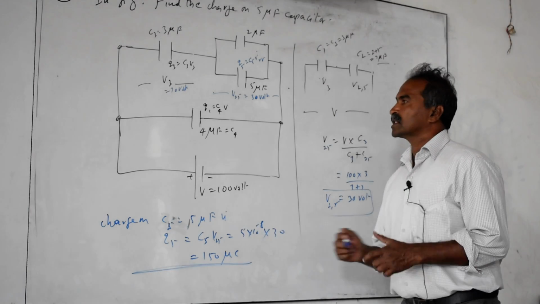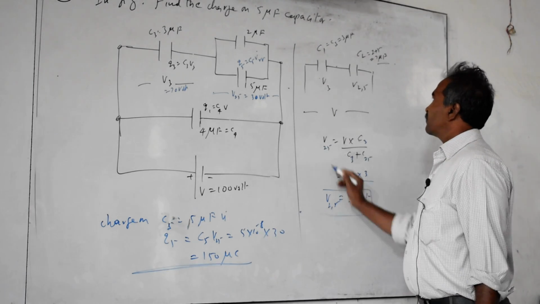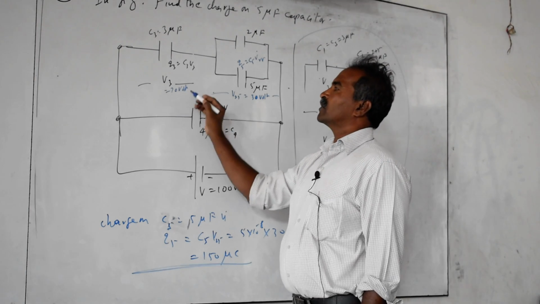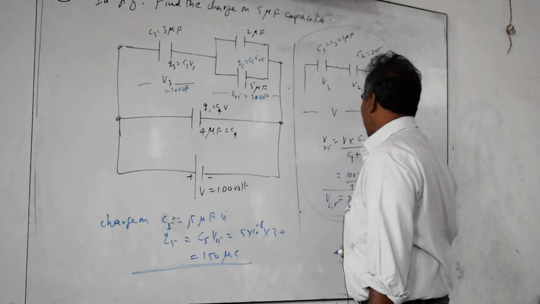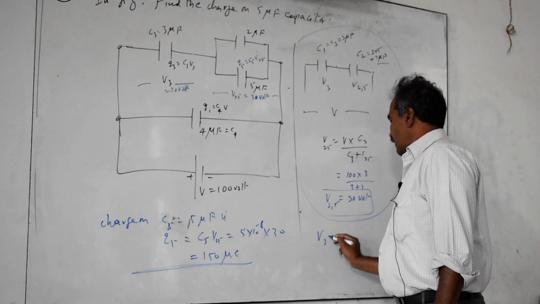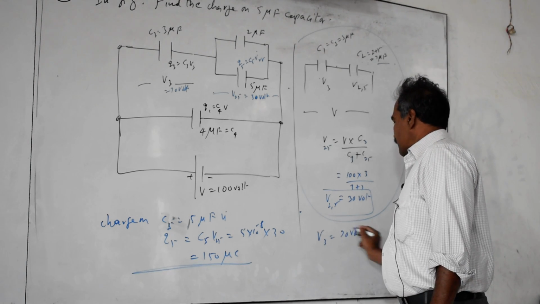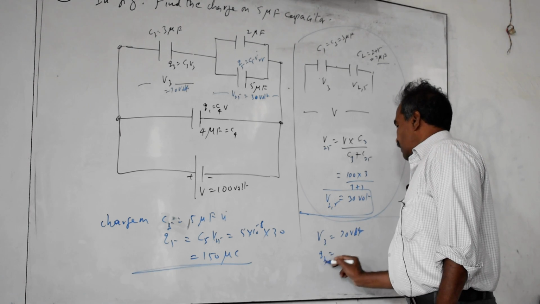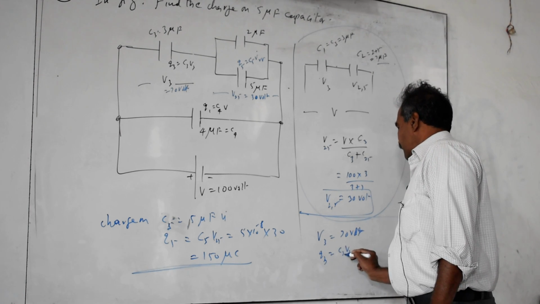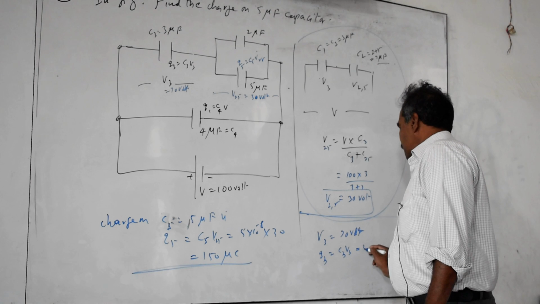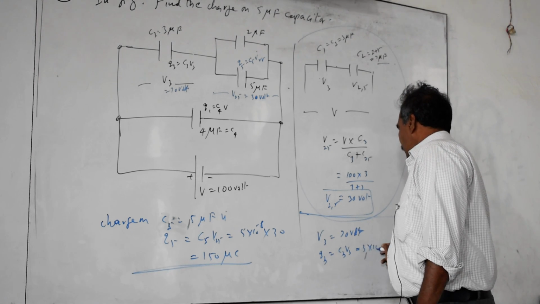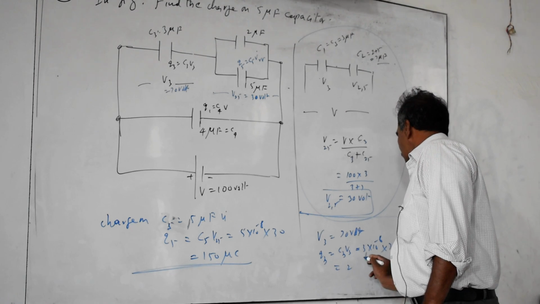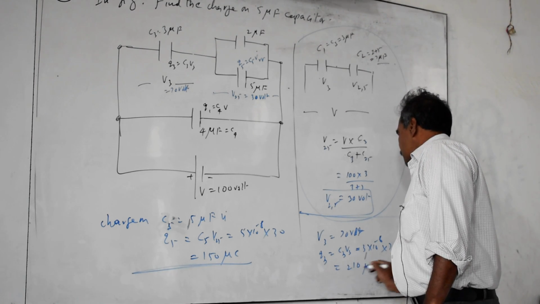What about the other charges? Not asked, but we can also find them by this method. The remaining voltage is 70 volts, so V3 is 70 volts. Q3 equals C3 V3. Capacitance is 3 microfarads, 3 into 10 to the power of minus 6, and voltage is 70 volts, which is 210 microcoulombs.